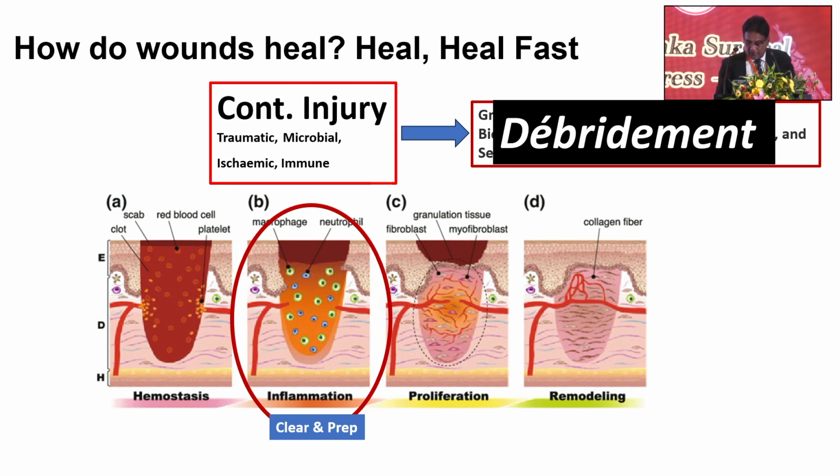That's the hostile environment. And debridement is removing all the matter, not all the factors. Factors are there. But we are talking about the stuff in the wound that is preventing the healing.